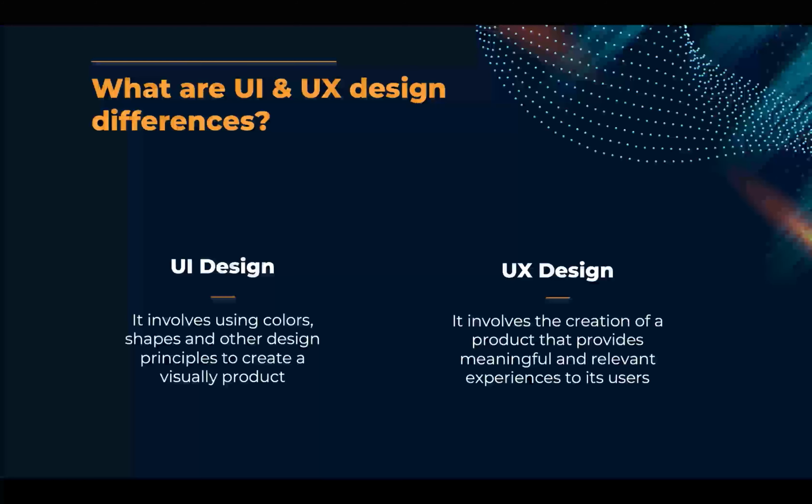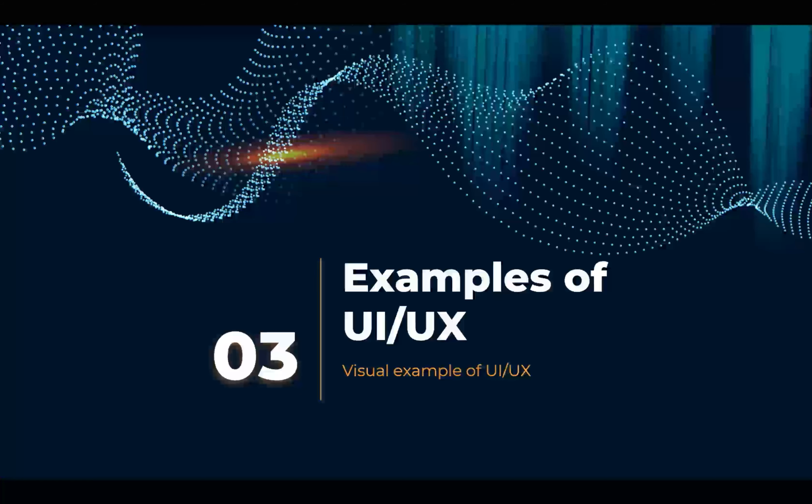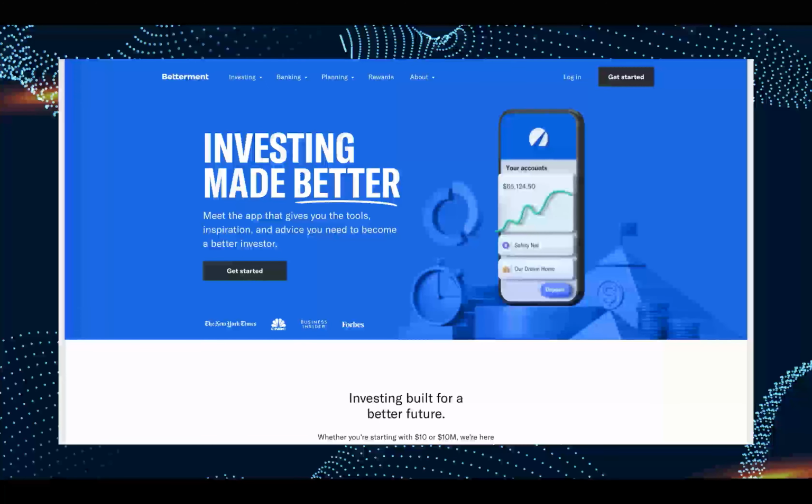So UI basically involves the interface, how it looks, the colors, the typography, and all that. And UX encompasses everything there. It goes from the beginning to the end, the experience that is being created for the user. That is what UX design is.